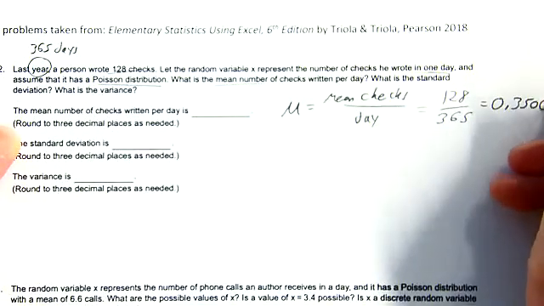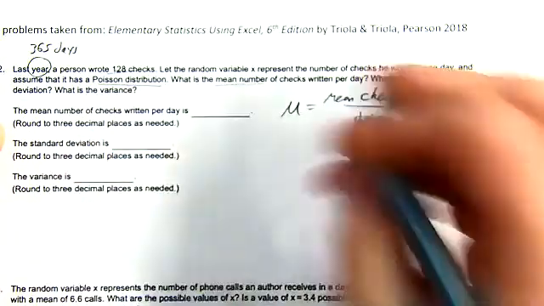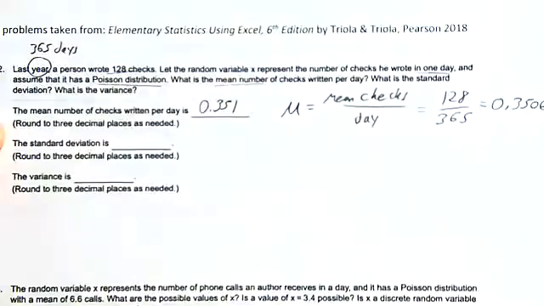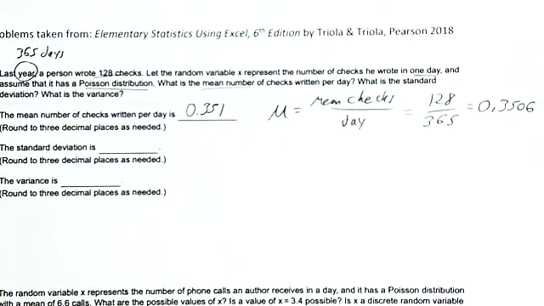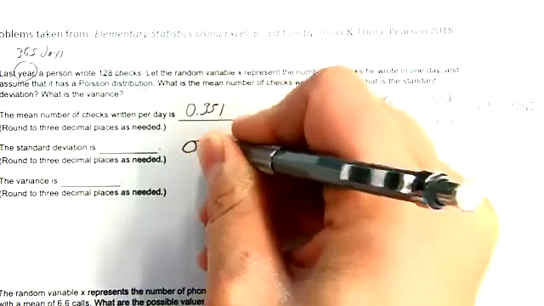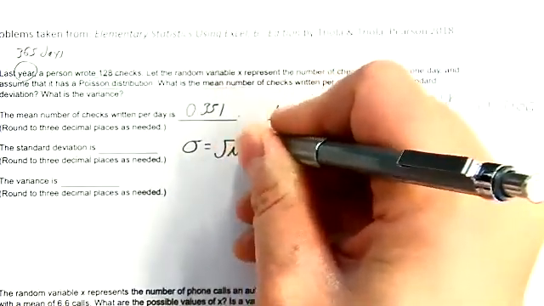If you divide these two numbers, you will get 0.3506. To 3 decimals, we'll call it 0.351. The standard deviation, we'll use the symbol sigma for that. In Poisson, it's the square root of your mean.